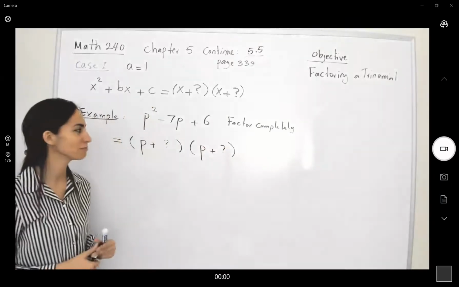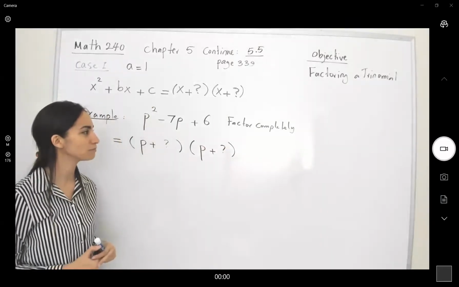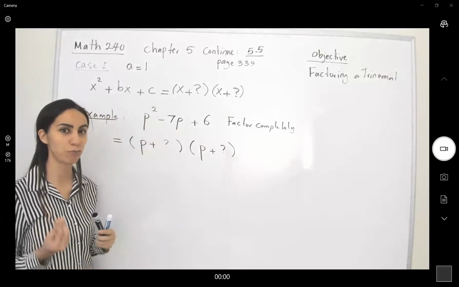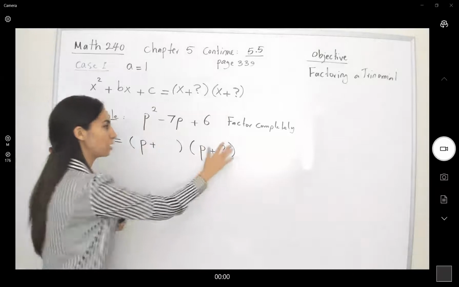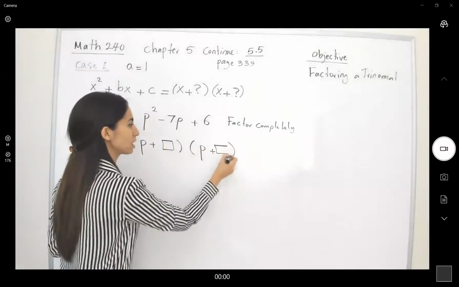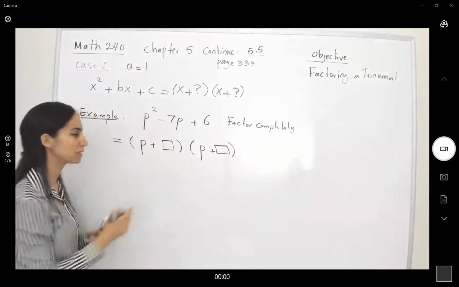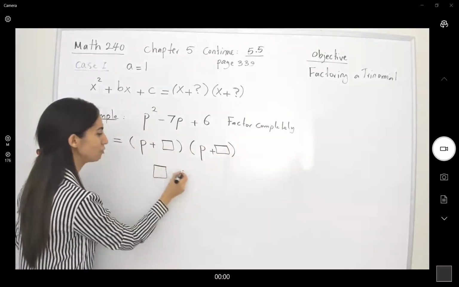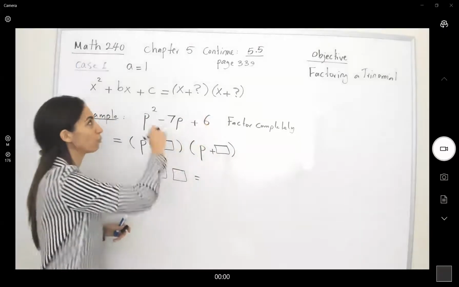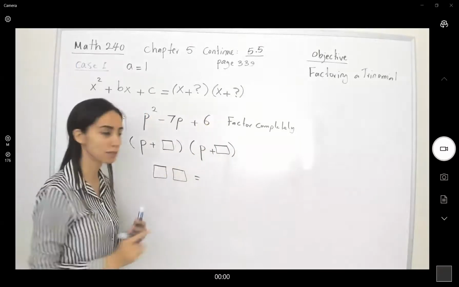Very well. Okay, so we're looking for two numbers. We're looking for two boxes. Let us write down a box here, the second box here. We're looking for two missing numbers such that if you multiply these two missing numbers, it is equal to your C. What is C? C is 6.